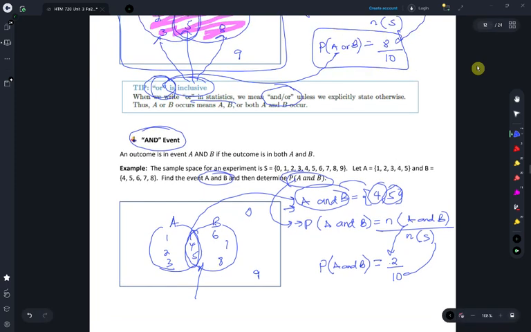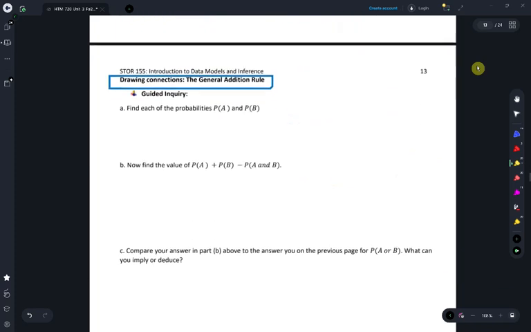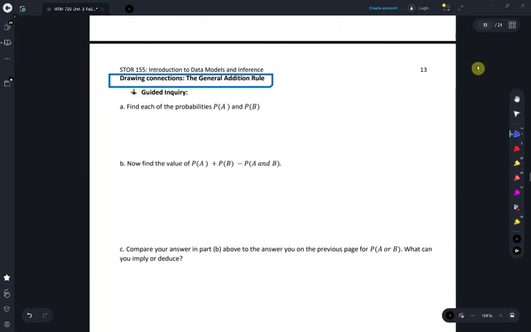I want us to keep track of the results we're getting because we're going to pull them all together soon. All right? Let's look at another case here. What if we're told to find the probability of A separately and then the probability of B separately?